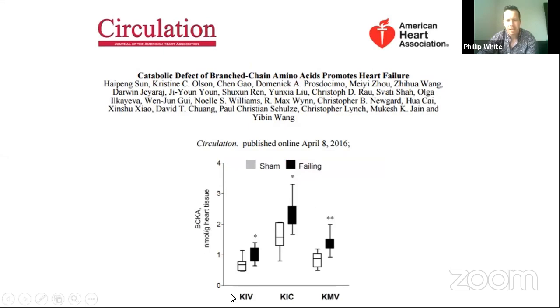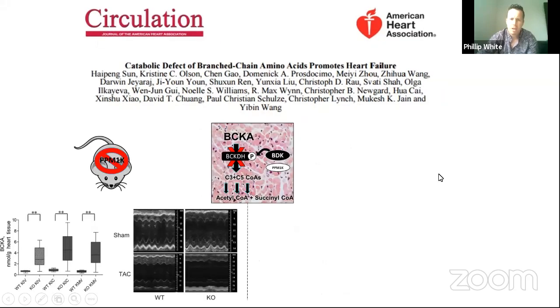KIV is the branched-chain keto acid from valine, KIC is the branched-chain keto acid from leucine, and KMV is the branched-chain keto acid from isoleucine. You can see all three accumulate equally. And so they actually went on to perturb branched-chain keto acid metabolism within the heart.